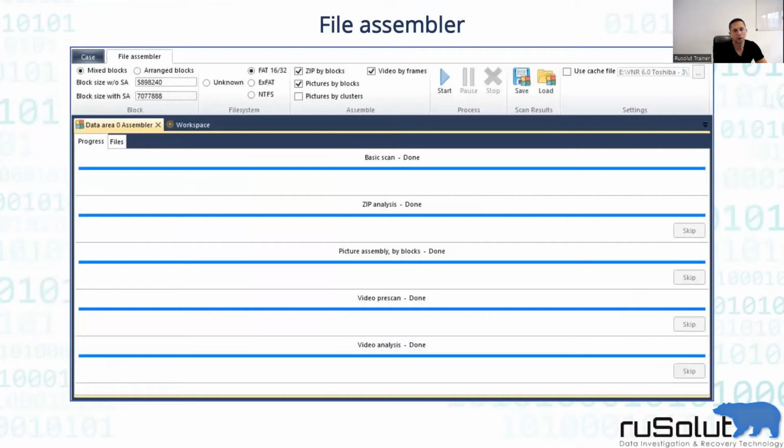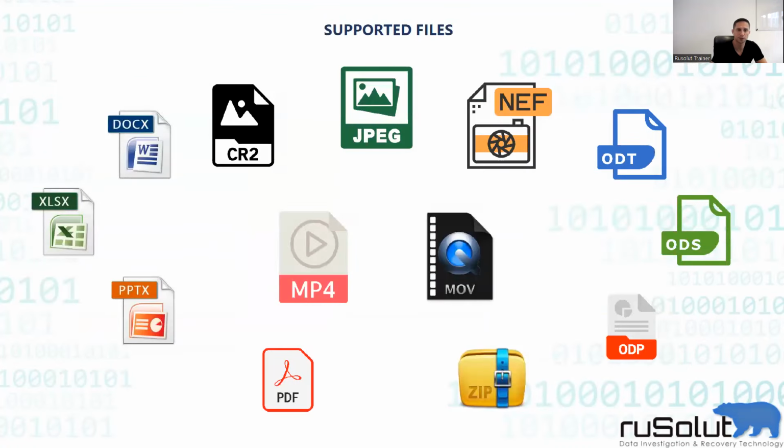The first thing I wanted to tell you about is the improvement of our file assembler. I'd like to remind you that the file assembler is a tool in our software that can assemble pictures, videos, and documents, doc files, based on some intelligent algorithms. It's not just carving, which is looking for the header and footer of files and then deciding that this is the file.